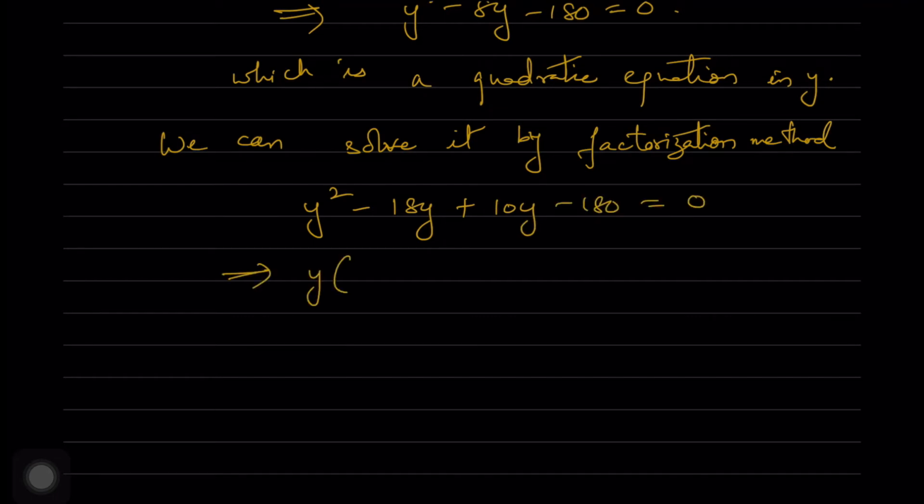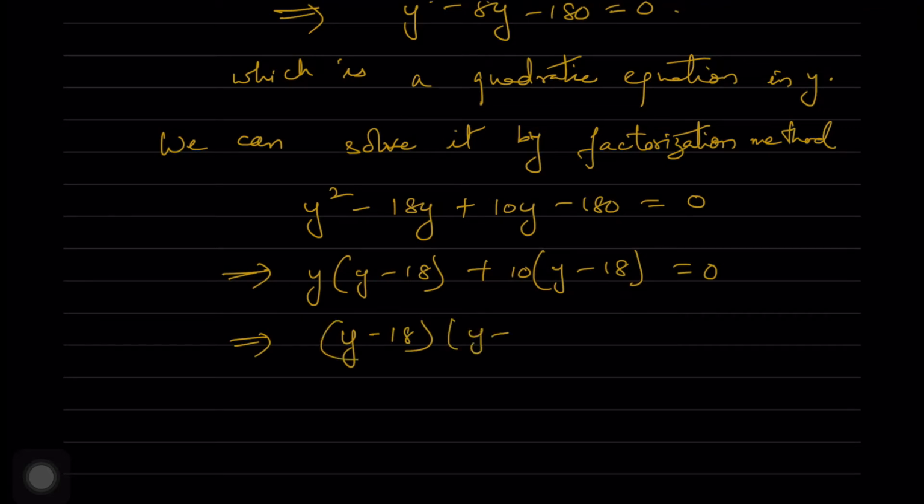So if you take y common, y minus 18, plus 10 common, y minus 18 is equal to 0, which implies that y minus 18 into y plus 10 is equal to 0, or you are going to get it as y is equal to 18, or y is equal to minus 10.